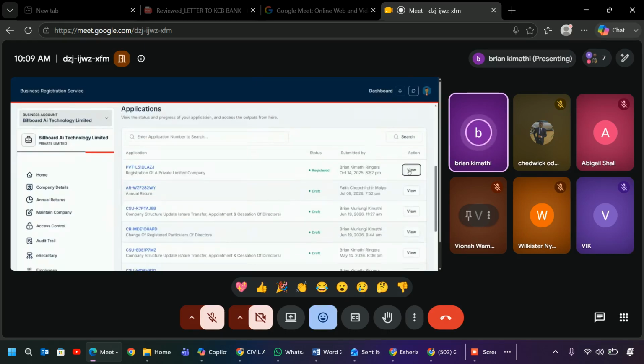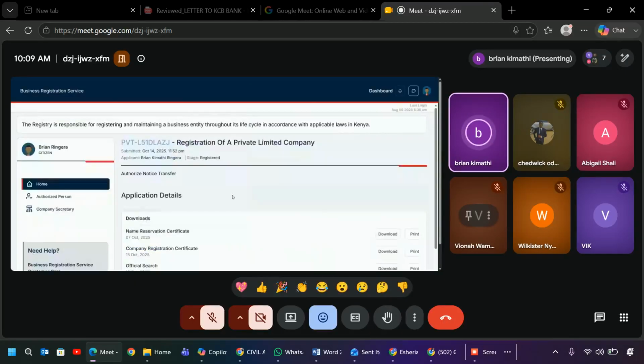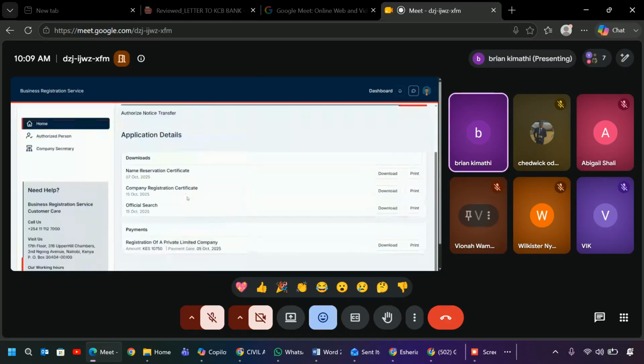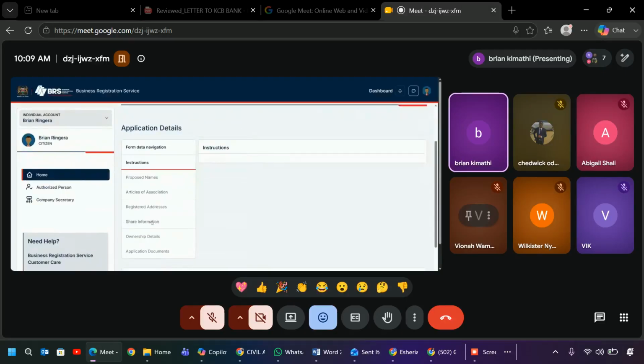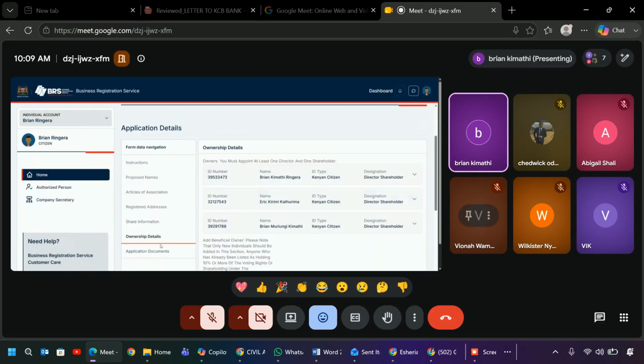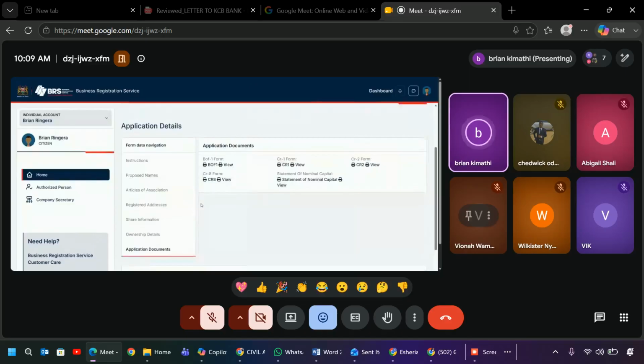So we'll see form CR1, CR2, CR8, and the statement of nominal capital.